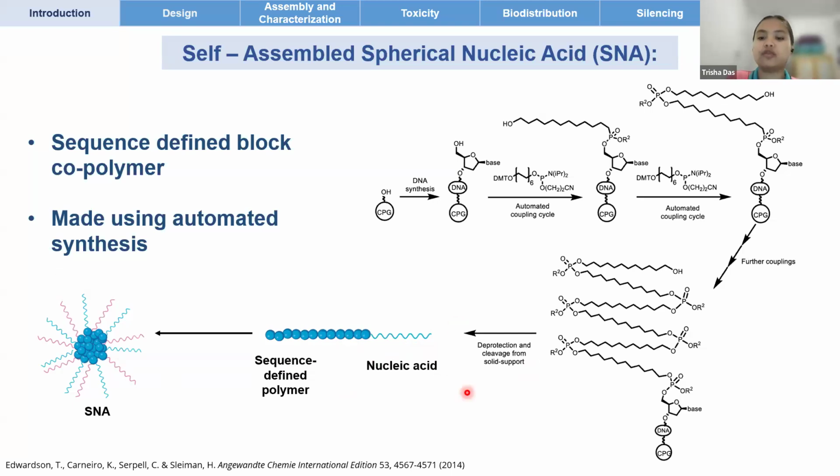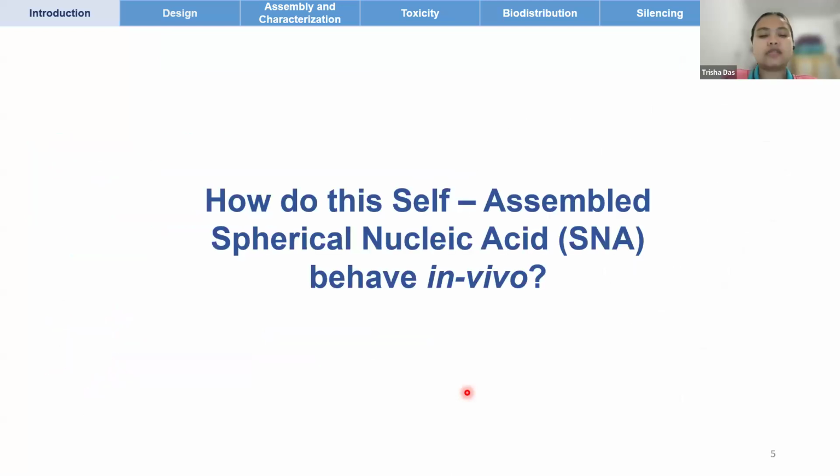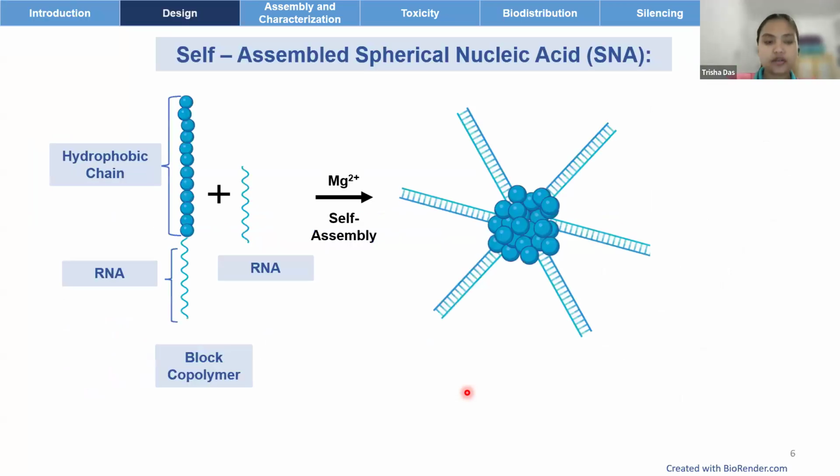So till now in our lab, most of the work has been done in vitro. My work will be essentially looking into how these structures behave in vivo. If you look at the structure itself, the design, as I said, is of a hydrophobic chain, and then we have the RNA portion.